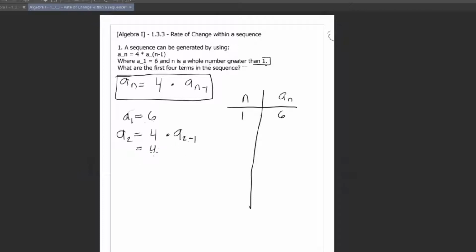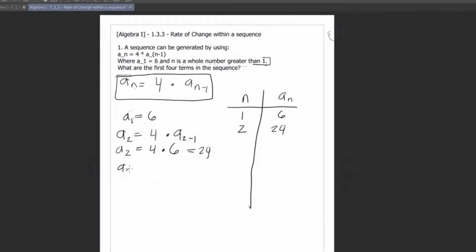This is the same thing as 4 times a sub 1, which is 6. So a sub 2 equals 6 times 4, which is 24. So when n equals 2, a of n, which in this case is a of 2, equals 24.